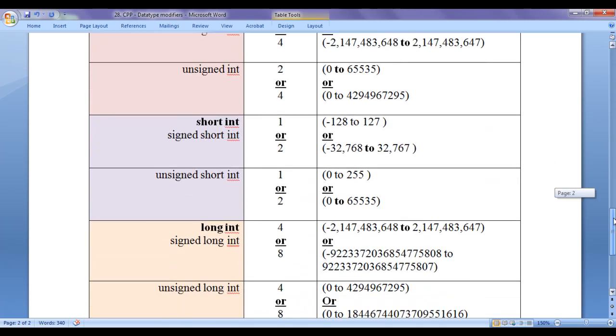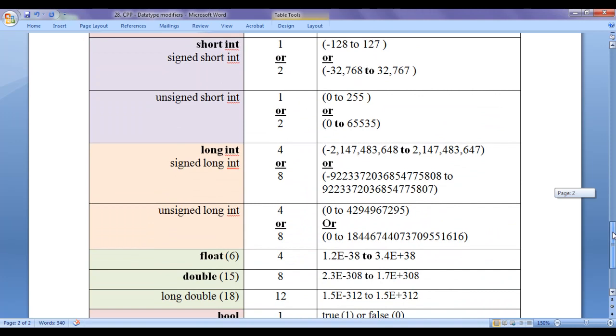As we know that short and long data types are used to increase or decrease the size of a primitive type. You can see that I am prefixing int with short. By default, short int is a signed short int guys. That means we can store both negative as well as positive values. Understanding?